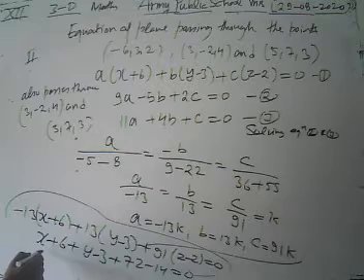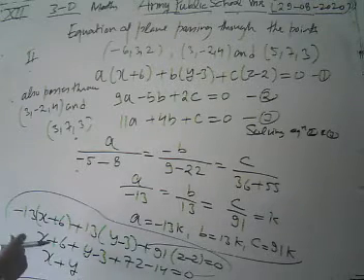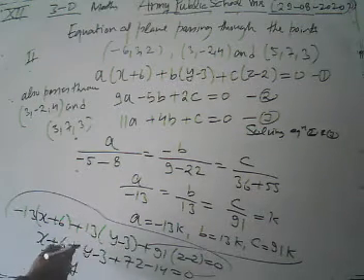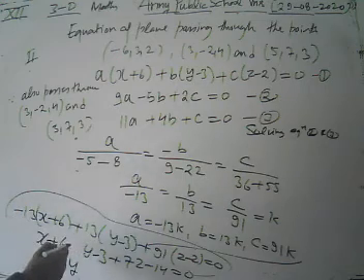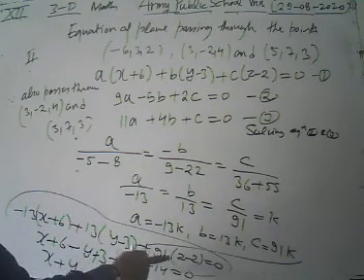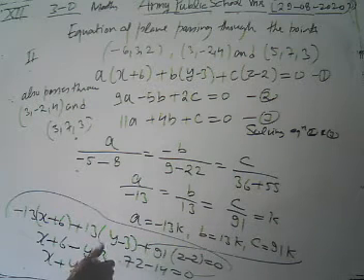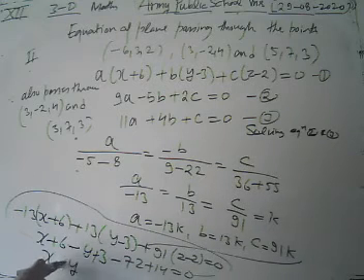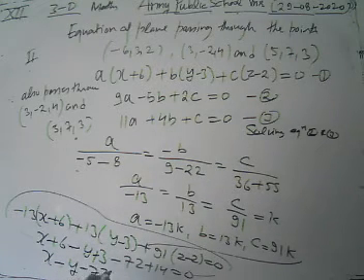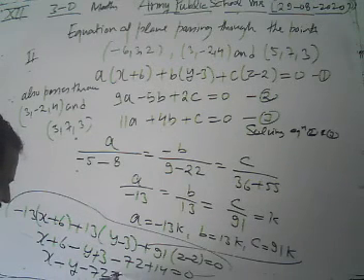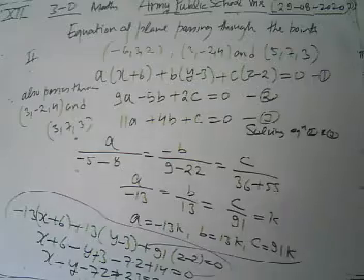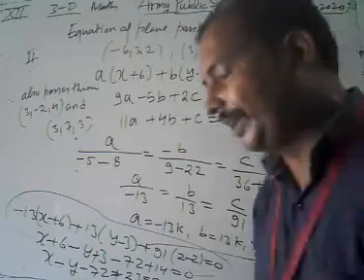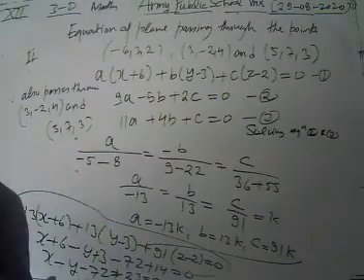On further simplification, we take minus common, so we get x - y - 7z + 23 = 0.